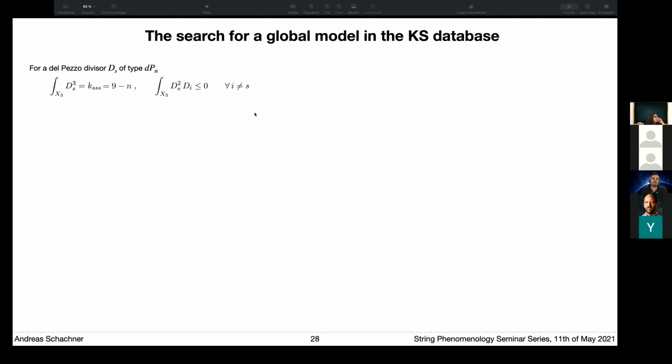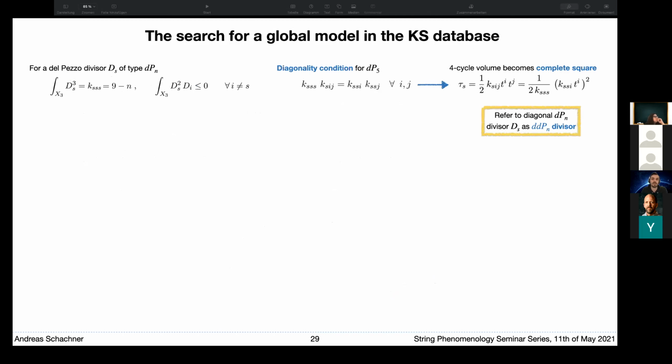Additionally, we have to have a so-called diagonality condition for our dP5 divisor, which again can be expressed in terms of triple intersection numbers, which ensures that you can write the four-cycle volume as a complete square, which means that you can squeeze the Calabi-Yau threefold along a single direction and thereby generate the singularity. We refer to these types of diagonal dPn divisors as ddPn divisors.